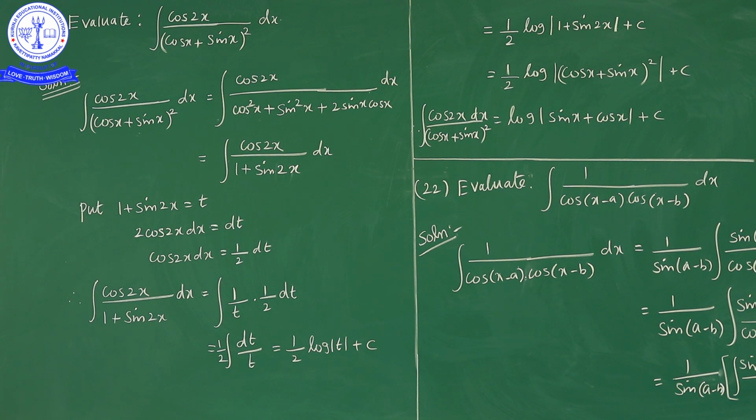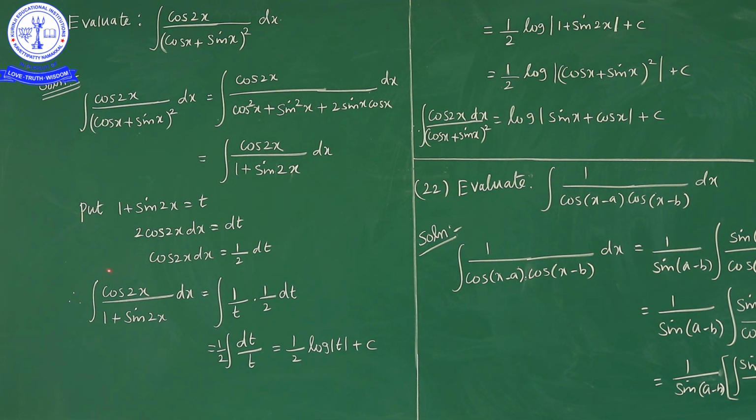Now, log of a power m we can write as m log a. So, 2 comes here, this 2 gets cancelled. So, it will be log mod sin x plus cos x plus c. Here what we did: first expand the denominator, sin square plus cos square plus 2 sin x cos x, that you can reduce as 1 plus sin 2x. Now, by considering 1 plus sin 2x as t, cos 2x dx equal to half dt.